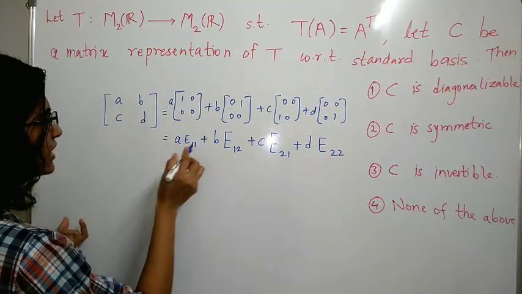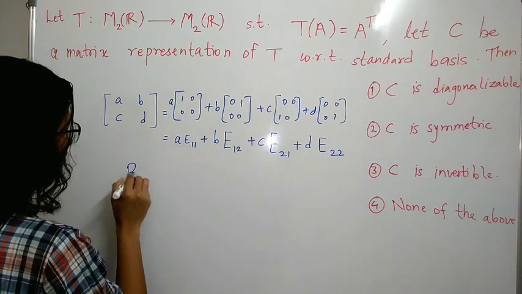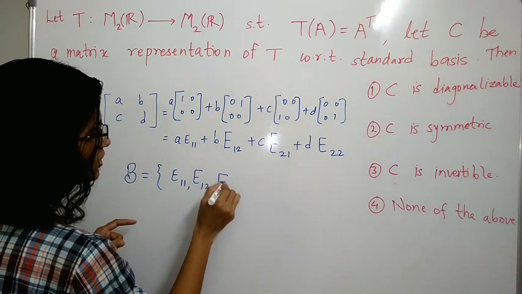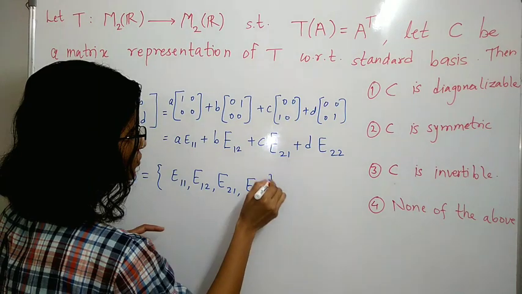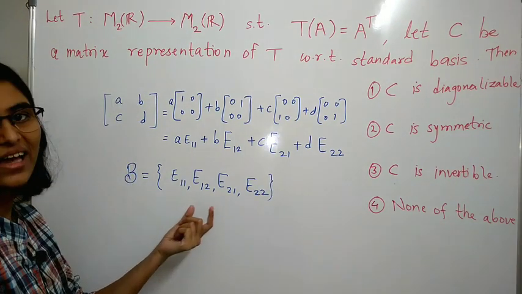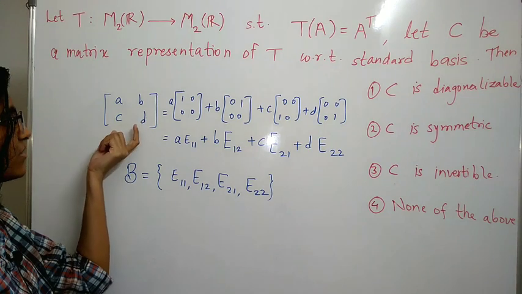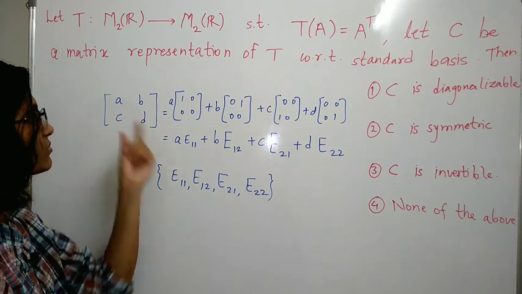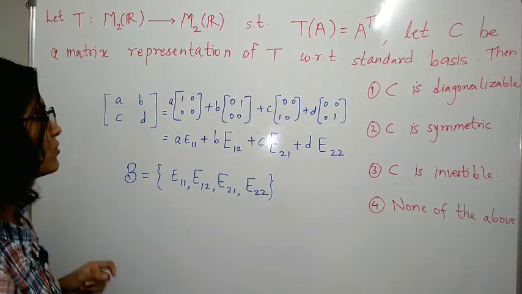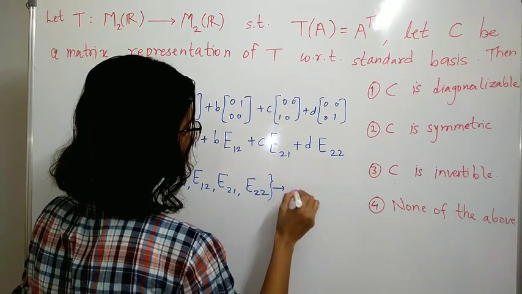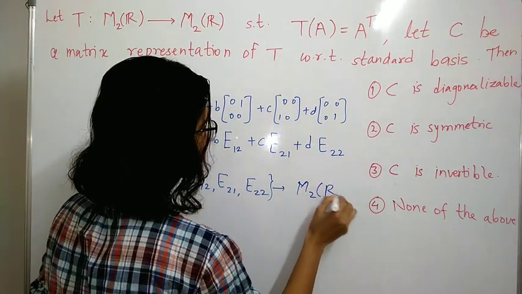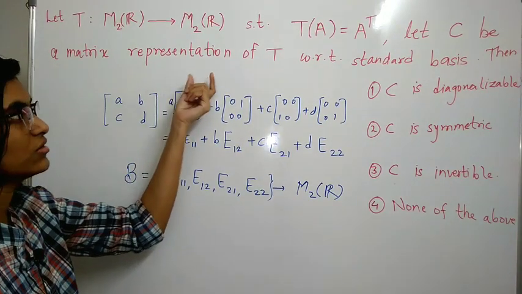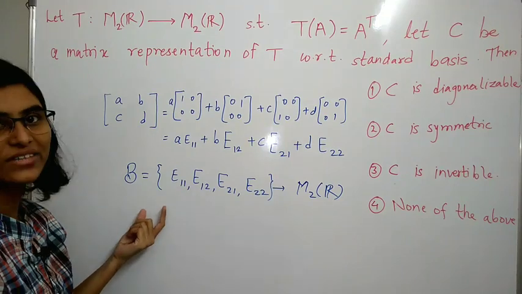Here we can easily check that E11, E12, E21 and E22 are linearly independent, and we can express any matrix as a linear combination of these matrices. So these matrices span the vector space M2(R). So this is a standard basis for M2(R).